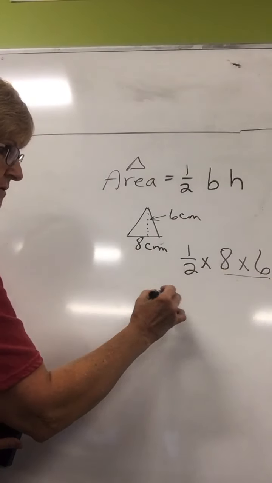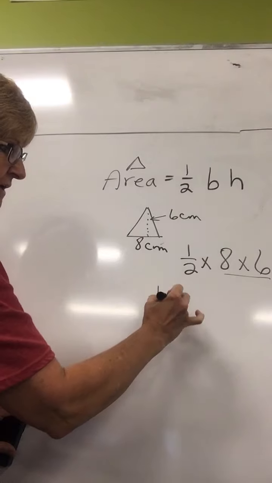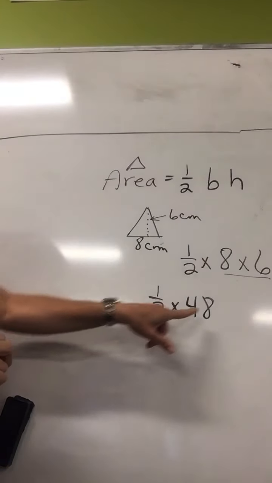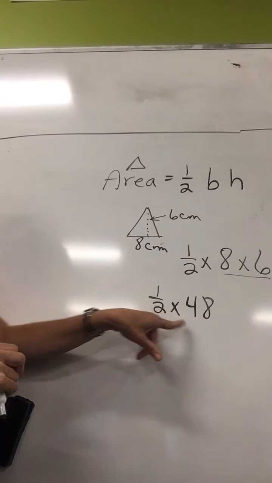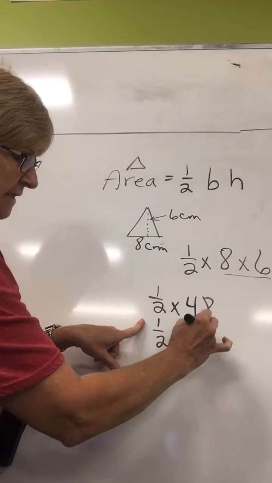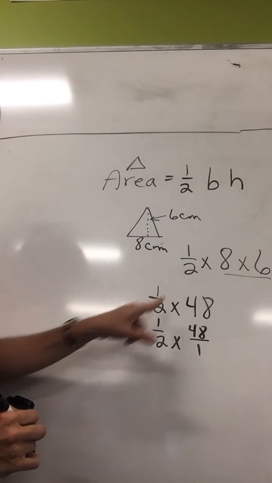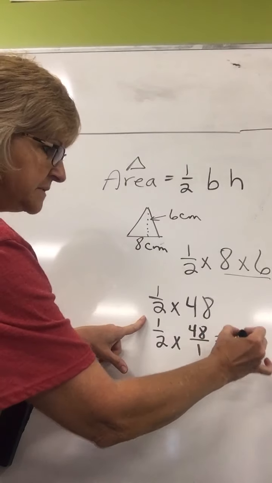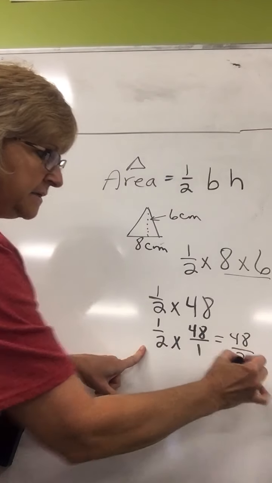I can still do 1/2 times 48. Remember, I have to make two fractions if I multiply by fractions, so I'm going to leave this alone. I'm going to put 48 over 1, because that made this into a fraction. Then I multiply the tops, I multiply the bottoms.